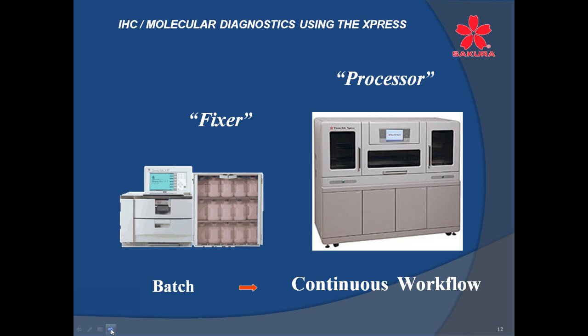It doesn't know that your tissues are fatty. It doesn't know that they've not been in fixative long enough. When you put them on, it's going to process. So the reason I bring this up is with the VIP or other conventional processors, you can delay your time. With the Xpress, it's strictly going to move on from the time you set it and move forward and do the processing.